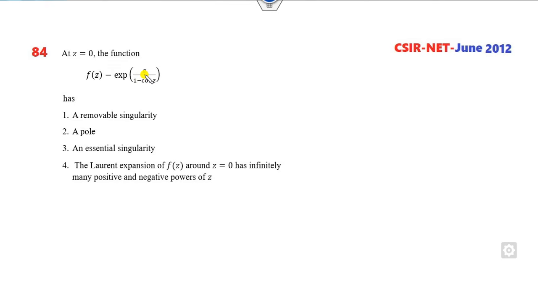Now look at the next option, which is related to the pole at the point z equal to 0. Firstly, if you take z equal to 0, it is of 0 by 0 form. So you can apply L'Hopital's rule, giving 1 over sine z. Now it is not in 0 by 0 form. What happens when you consider the limit as z approaches 0?